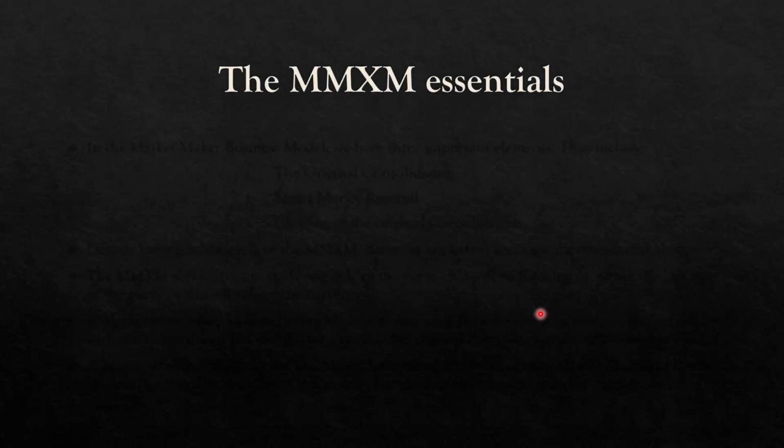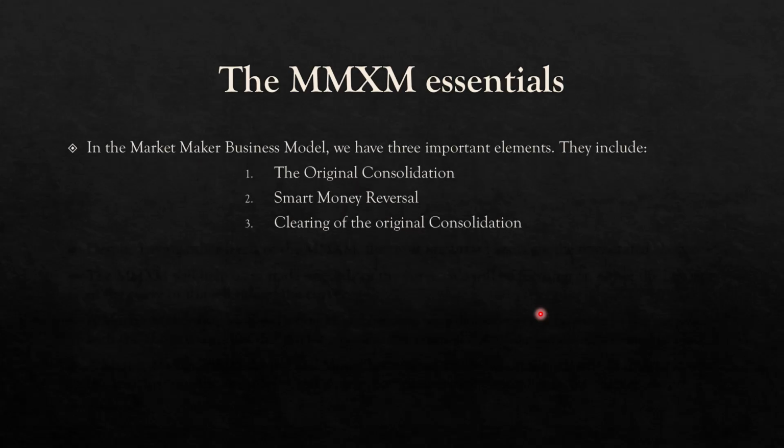Now, the market maker business model essentials. In the market maker business model, we have three important elements. We have other elements like the low risk sell areas or areas of redistribution and areas of accumulation, but for that particular model to hold a lot of weight, we're going to focus on three things for now, and I'll offer an amplification on those low risk sell and buy areas.